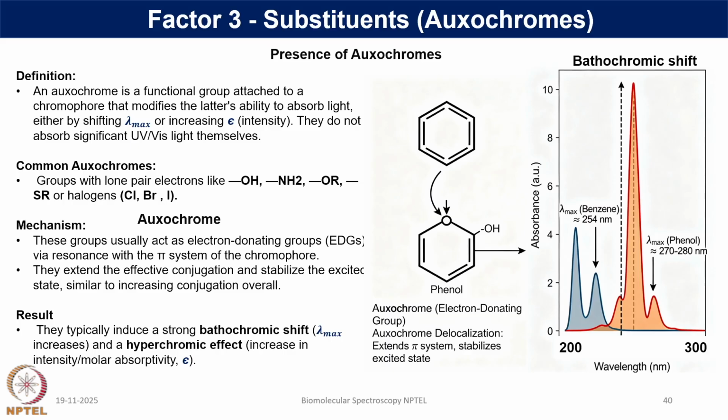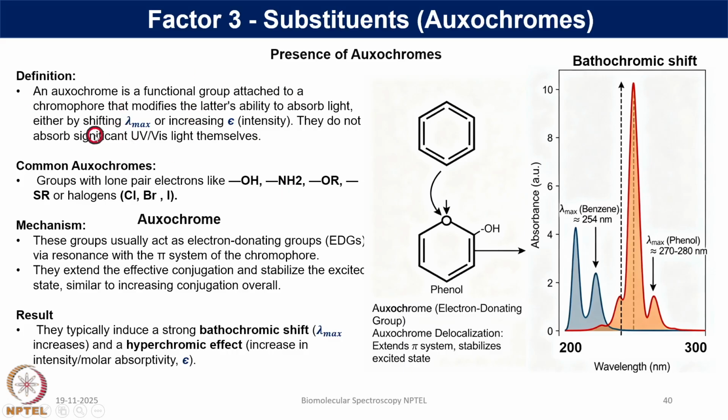Now, the third factor that dictates the absorption is the substituent, called an auxochrome. So, what is an auxochrome? It is a functional group attached to a chromophore that modifies the ability of the chromophore to absorb light. How does it do that? By shifting the lambda max or increasing the intensity.